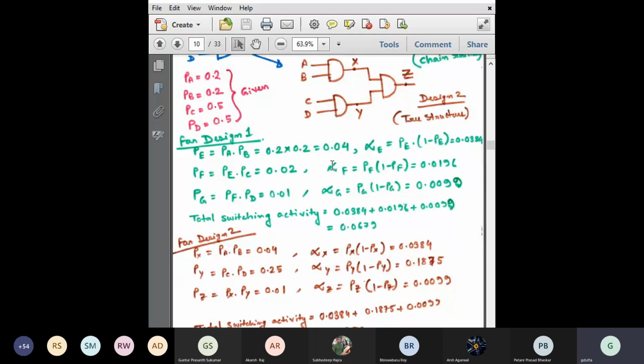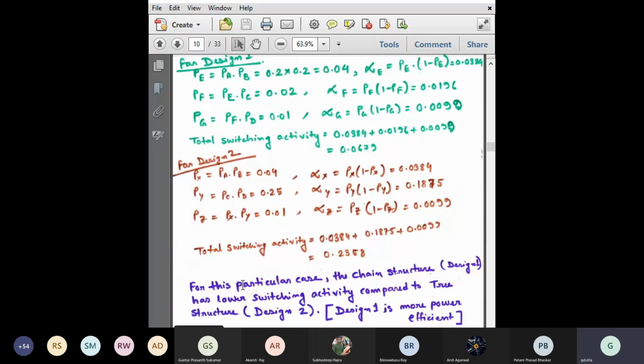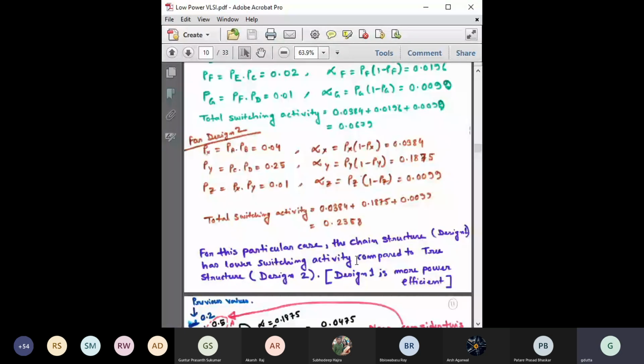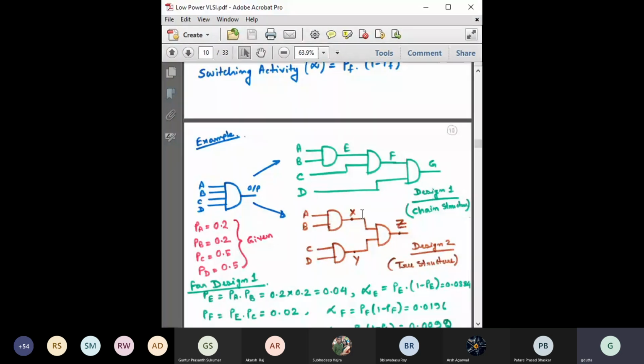You can see that in design 1, the switching activity is much lower compared to design 2. So for this chain structure, design 1 has lower switching activity compared to the other structure, which is the tree type. This design is called the chain type, and here it is the tree type design.